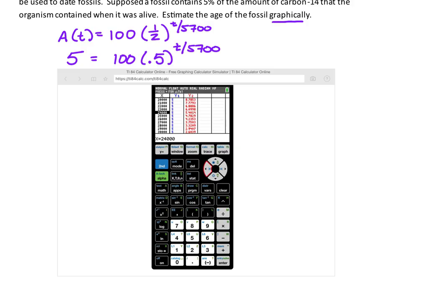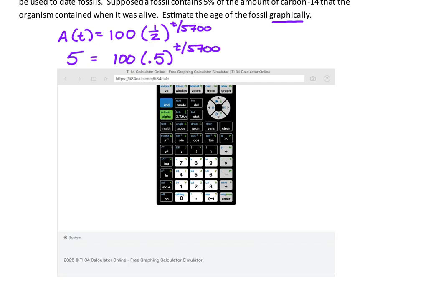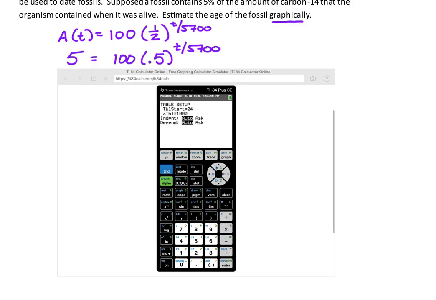And so I'm going to go ahead and go back to my table setup. I'm going to start at 24,000. So I'm going to use that to create my window. So for my X max, I want to change this to 25,000. I'm going to change my Y min to 0 and my Y max to 100.